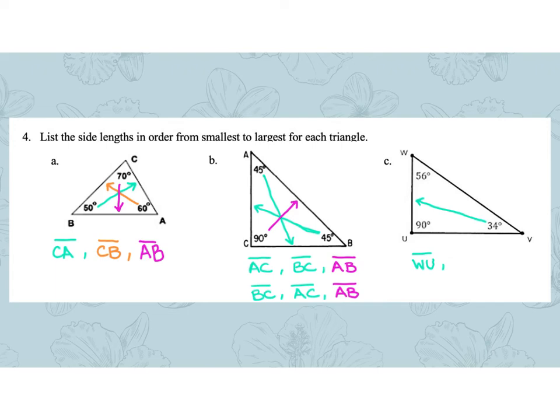Next, I will draw an arrow across from angle 56, my middle angle, across to the opposite side, and side UV is my middle side. And last, I will draw an arrow across from 90 degrees, the largest angle, to its opposite side. Side WV is my longest side.